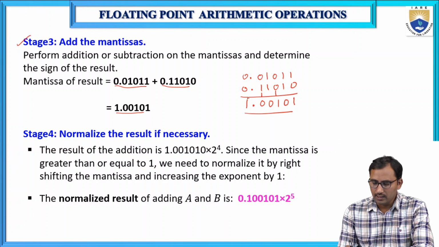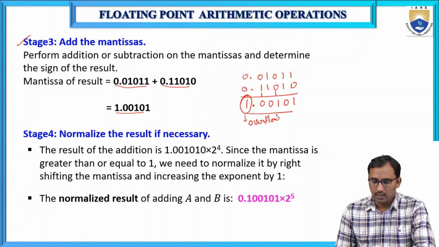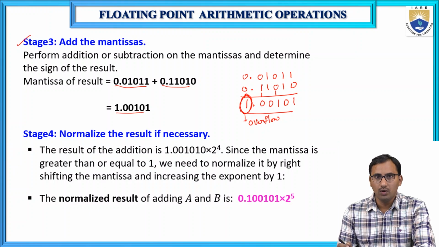So here, this one represents overflow. Because when you perform any operation, the result will be stored in the accumulator, but the accumulator cannot store this extra bit. This is called overflow. To overcome that overflow problem, we need to perform a shift right operation by 1 bit.